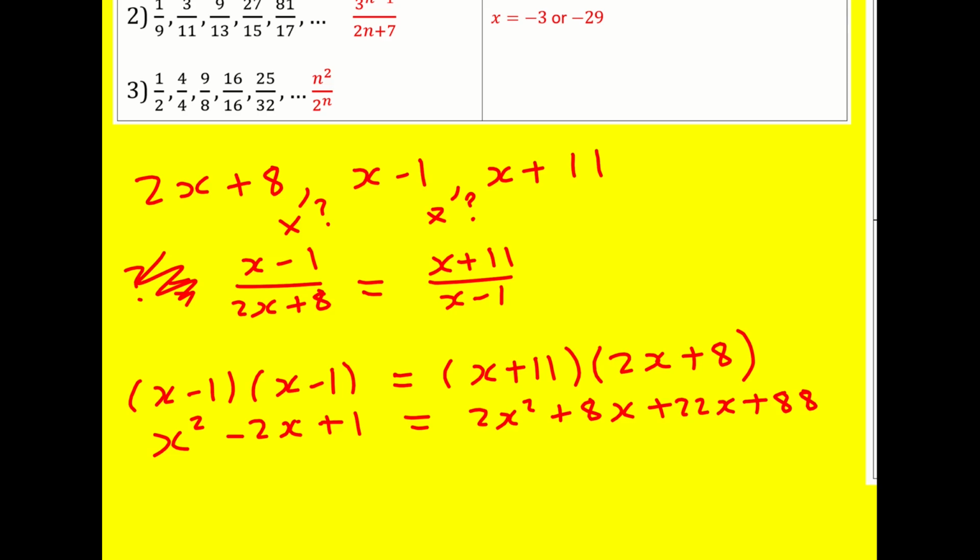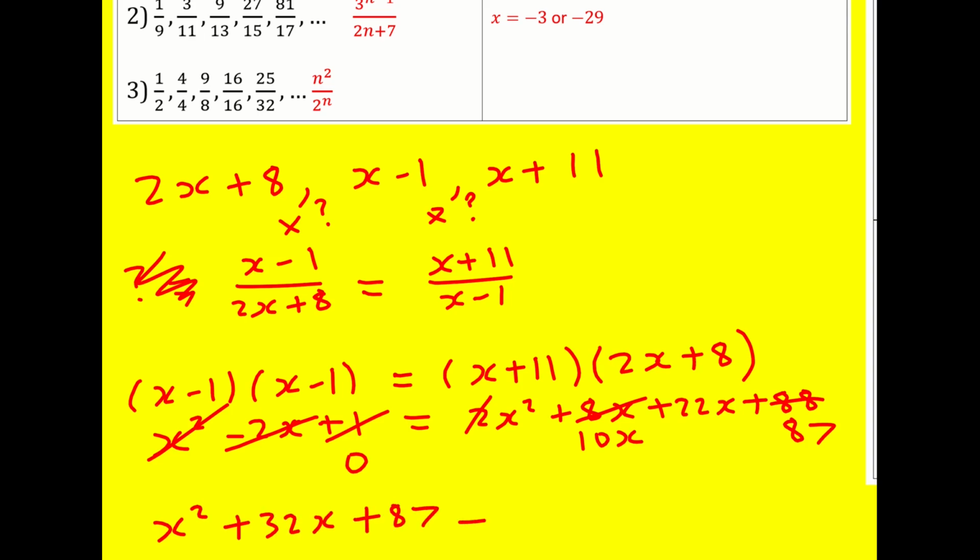Right, let's get everything on one side. I'm going to minus x squared from both sides, so that cancels out the 2. I'm going to add 2x to both sides, so this becomes 10x. And I'm going to minus 1 from both sides, so this becomes 0, and this becomes 87. So I'm left with x squared plus 32x plus 87 equals 0.